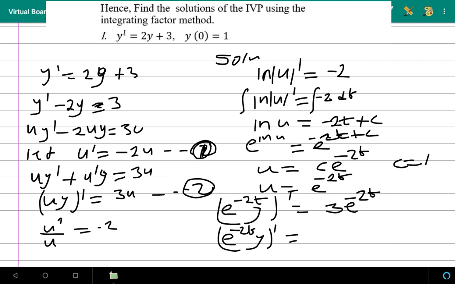If you're integrating, you differentiate the e^(-2t) and divide it with it, so I have negative 3 over 2. So that's the integral of it, and you differentiate it. It means you integrate and differentiate to get back the original one, so you have not changed anything on it.